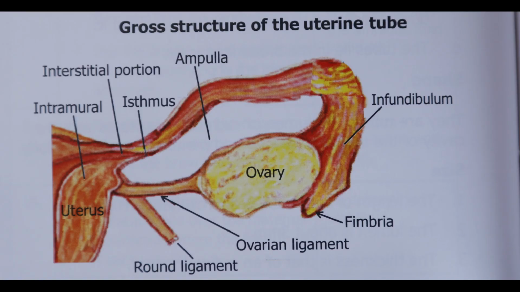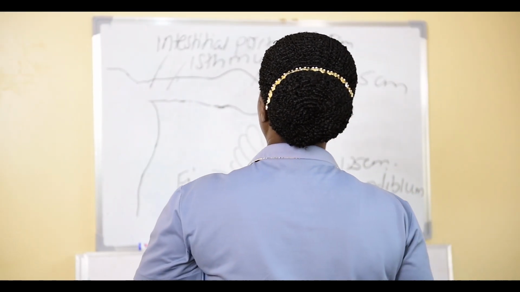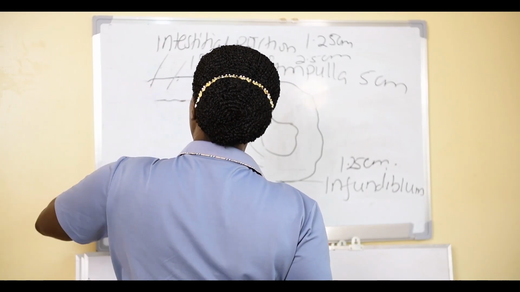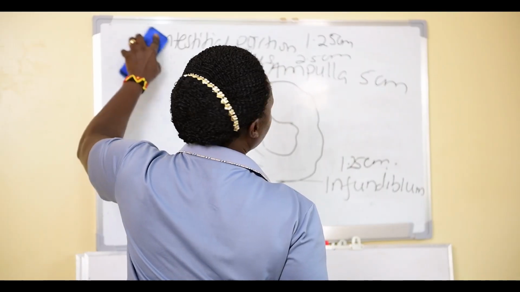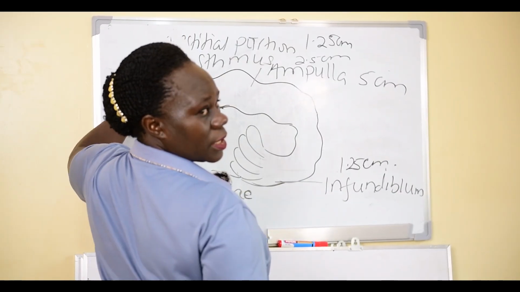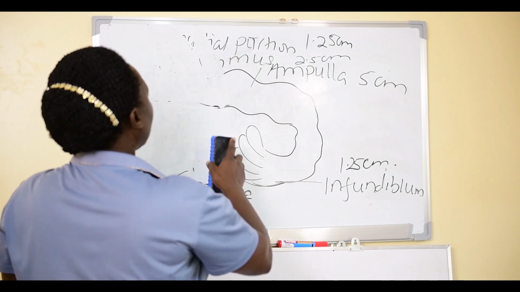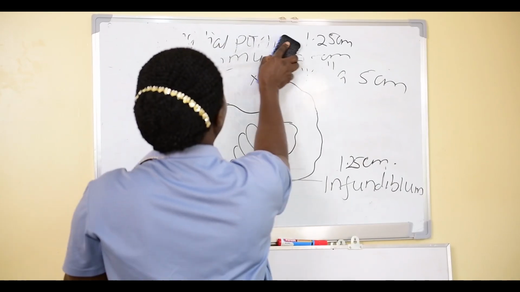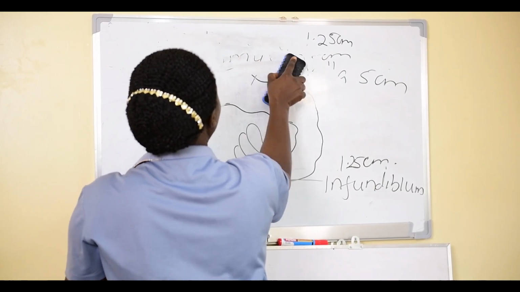So when we talk about the microscopic structure of the uterine tubes, we know that it is made up of a lining of ciliated epithelium. The uterine tube is made up of ciliated epithelium in its inner lining.